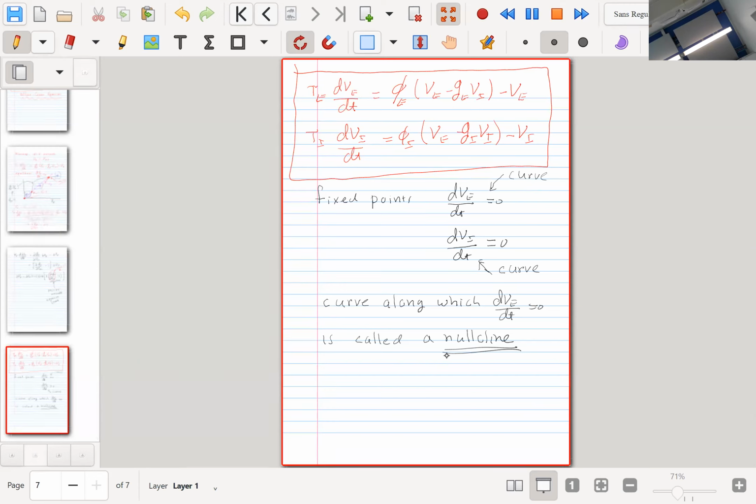The intersections will give us the fixed points, and the curves will help us analyze the stability of those fixed points. That'll tell us really everything we need to know about randomly connected excitatory and inhibitory networks, which is kind of cool.